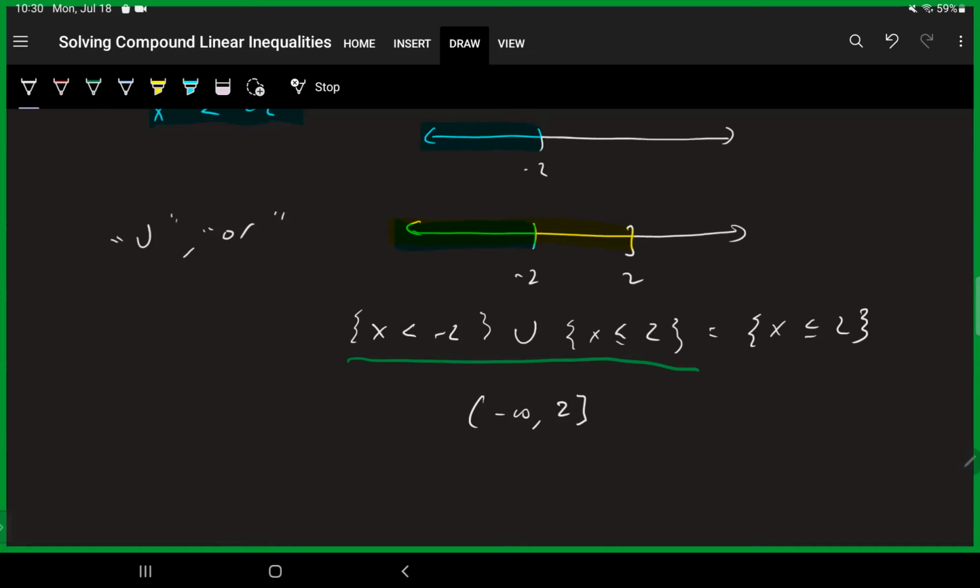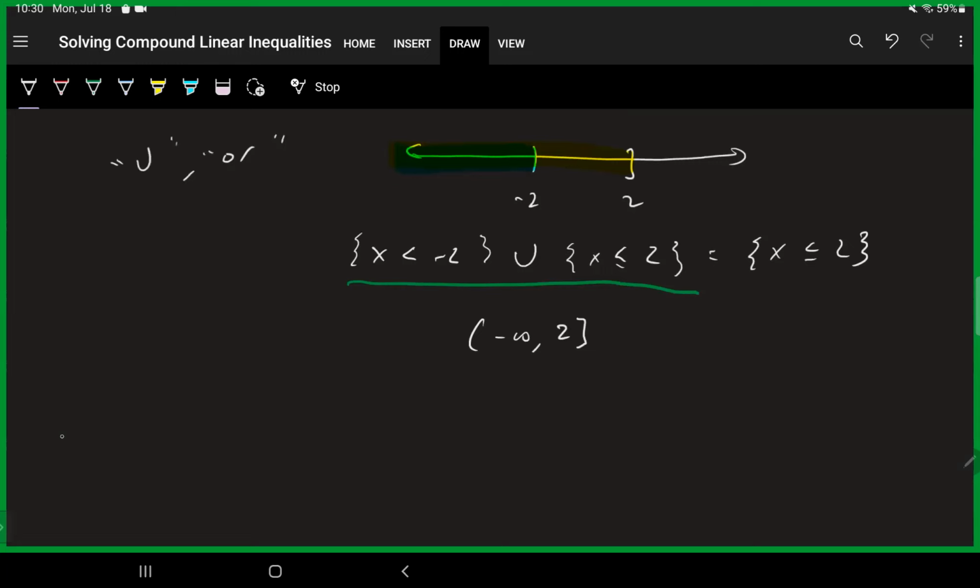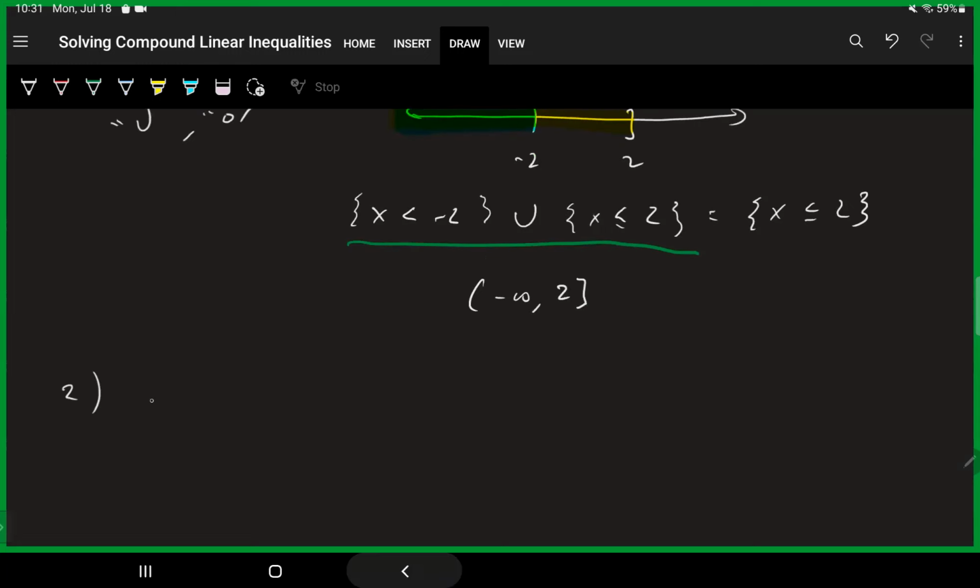Let's look at another example. Let's look at 3x plus 1 is bigger than -5, and -2x is less than or equal to 10. Again, we're going to solve these one at a time.